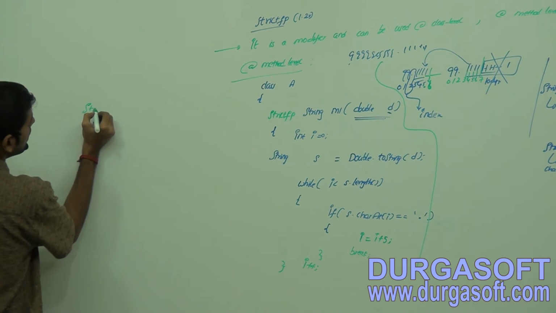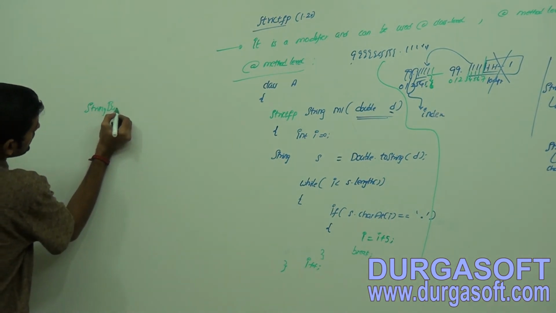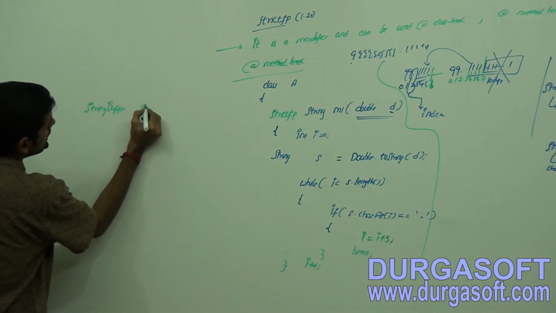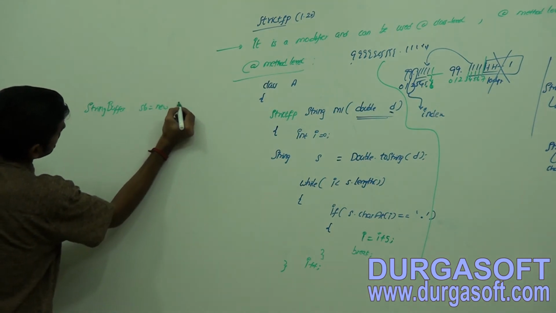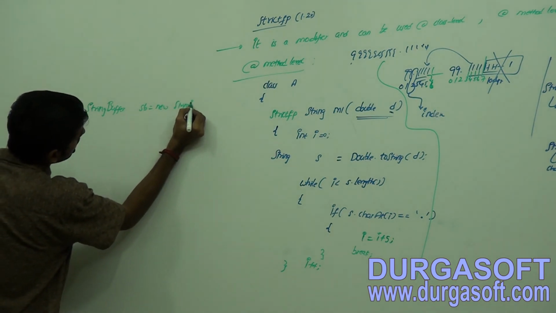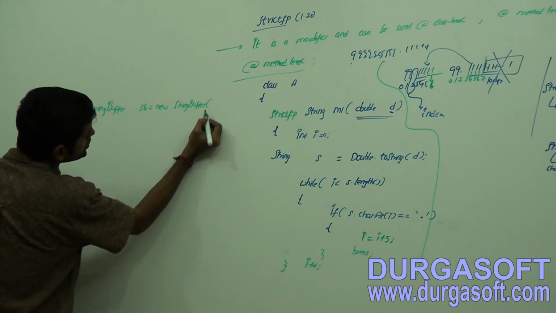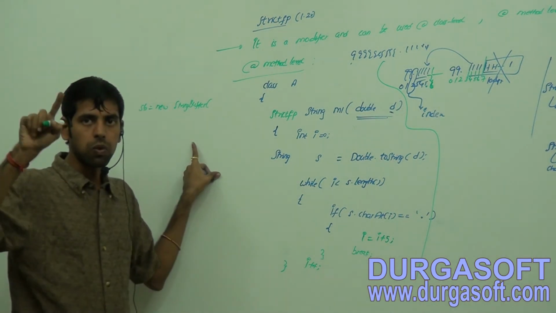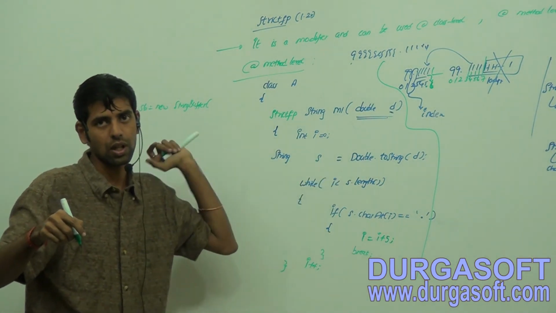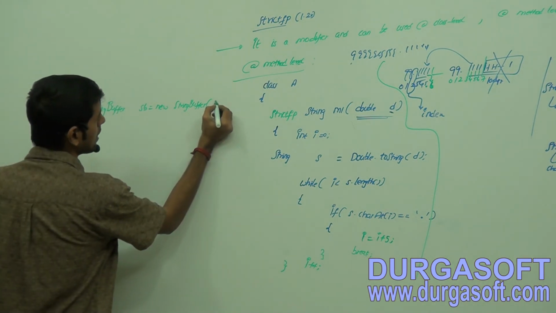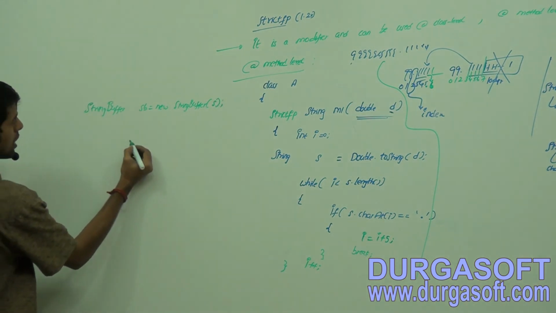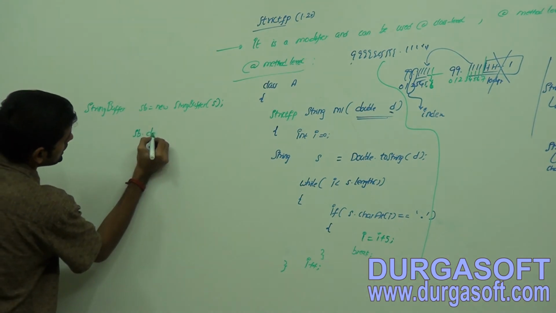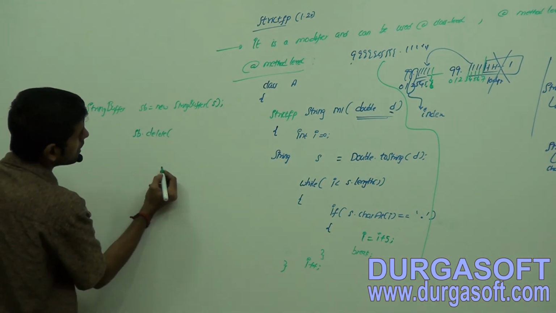Let me take the StringBuffer constructor which has the argument CharSequence. CharSequence is the parent for StringBuffer and also for String, so I can pass the string. Now on this, just call sb.delete of what is that?